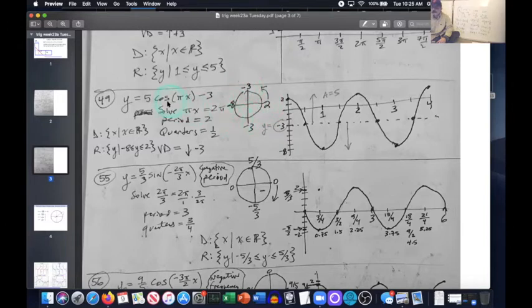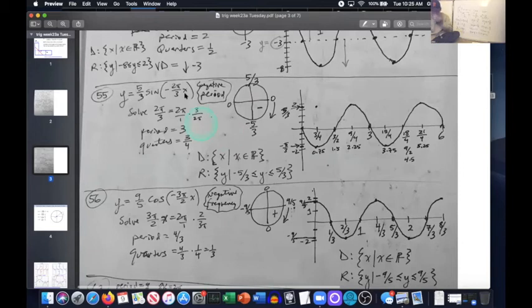And so you could think 5 times 1 minus 3, 5 times 0 minus 3, 5 times negative 1 minus 3, 5 times 0 minus 3. So that's how I got these 4 numbers. And for me, that just makes it visual. But if you want to drop down to y equals negative 3, make that the center. The amplitude is 5, so you're going to be 5 above the negative 3 and 5 below the negative 3. If that works for you, that's okay.